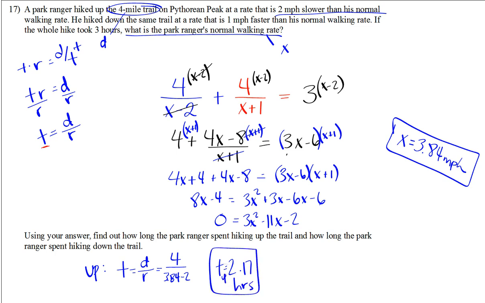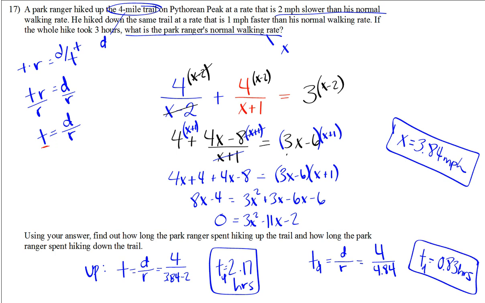Then the time on the way down is equal to his distance divided by his rate. Again, it was 4 miles, and this time it was a mile an hour faster than that walking rate, so it's 4.84, which gets you 0.83 hours.